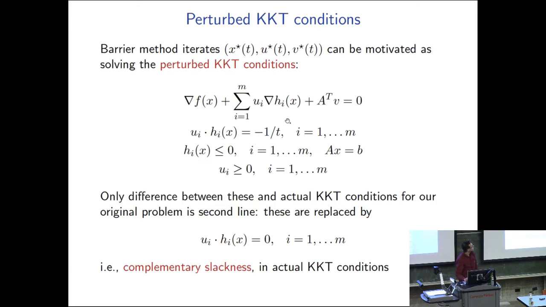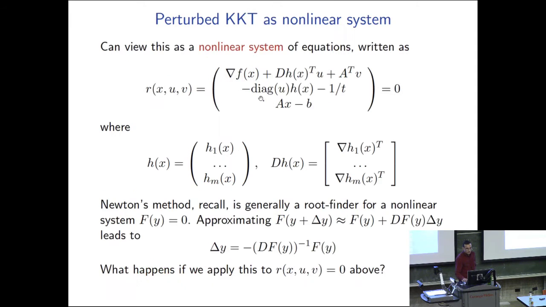So let's first take a look at the stationarity condition. I can think about this as U transpose the Jacobian matrix, or maybe the Jacobian matrix transpose U, depending on how I want to write the sequence of conditions. And so that's what I'm writing here.